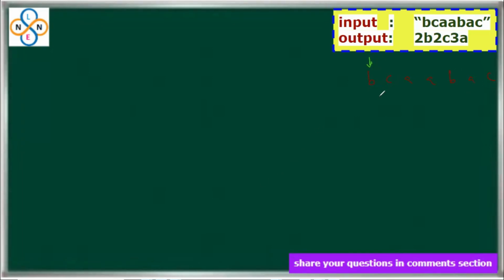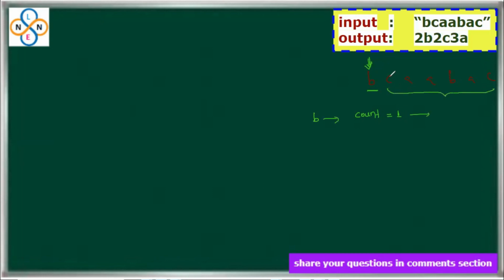Second, once we consider the first character, by default, what's the count? For example, if there are no other b's present in the string, then for this first b, the count has to be 1. Correct or not? So for b, the first time, the count has to be 1. Then once we consider this b, we have to check the remaining part of the string.